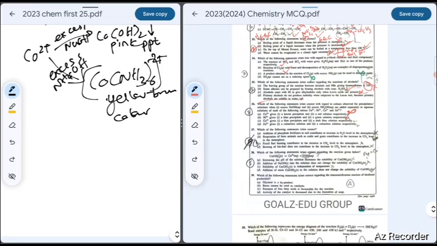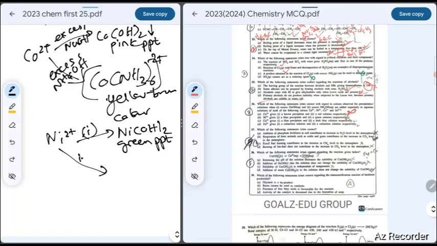Let's see nickel 2 plus. With excess sodium hydroxide, it will give nickel hydroxide, which is a green precipitate, and with excess ammonium hydroxide, it will give the amine complex Ni(NH3)6 2 plus, and this complex is dark blue in color.